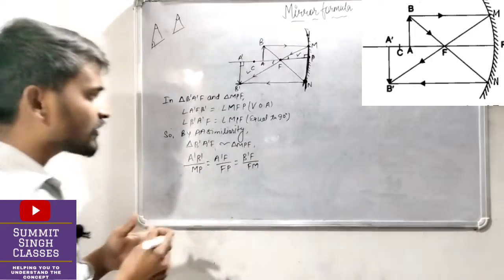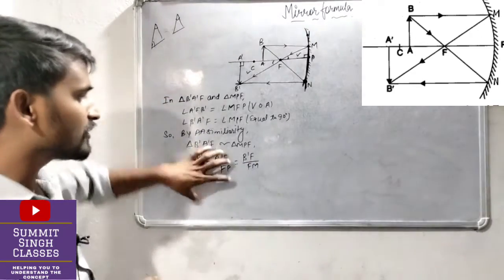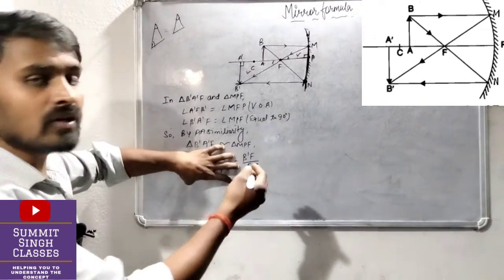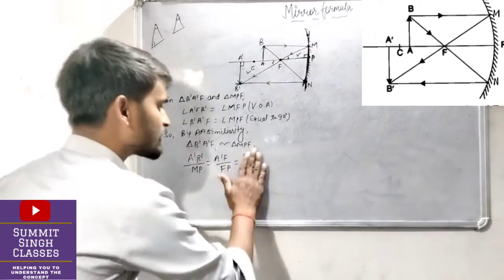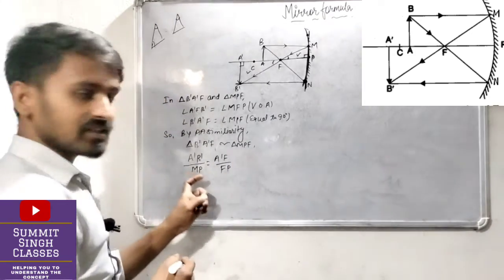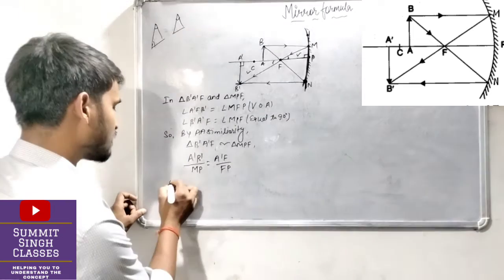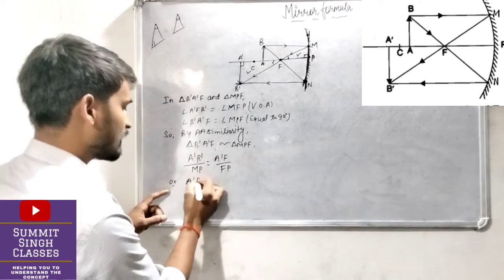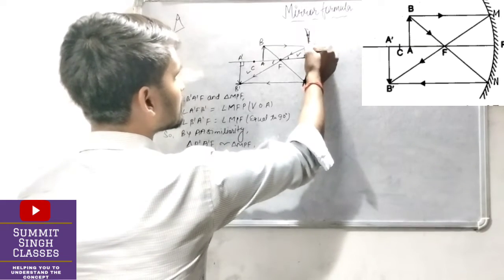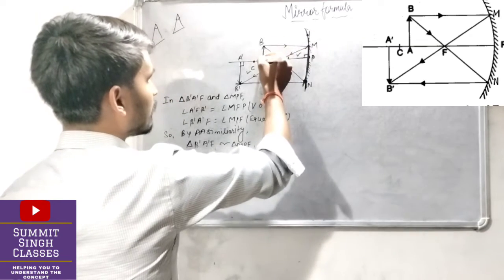But we do not require this section; only these two things will be helpful to derive the mirror formula. That's why I am wiping it. So the first thing we have is A'B' by MP, and MP is equal to AB.